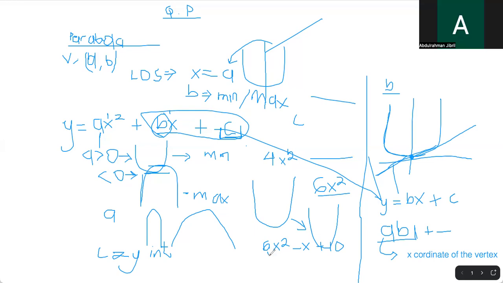So here, when you find the product of a and b, you have minus 6, which is negative. So since it's negative, it means the sign of our x coordinate of the vertex will be positive, okay? And if that's so, then it means that your graph would lie on the right side of your Cartesian plane.